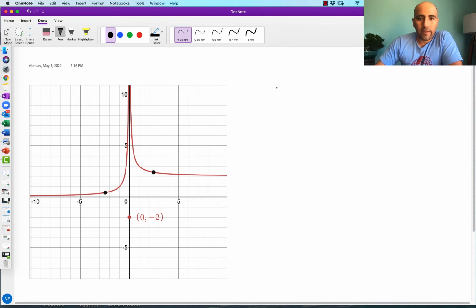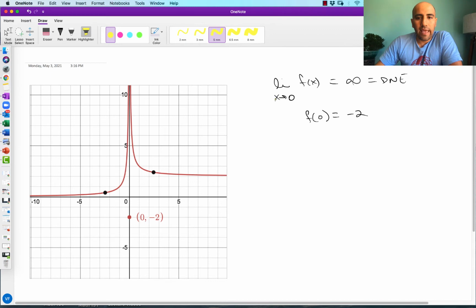So I would write down that the limit as x approaches 0 of my function does not exist. And again, note that the actual value of my function at 0 seems to be negative 2. Okay, so this is the case where we're letting x approach a specific constant, the limit as x approaches a constant from either side.